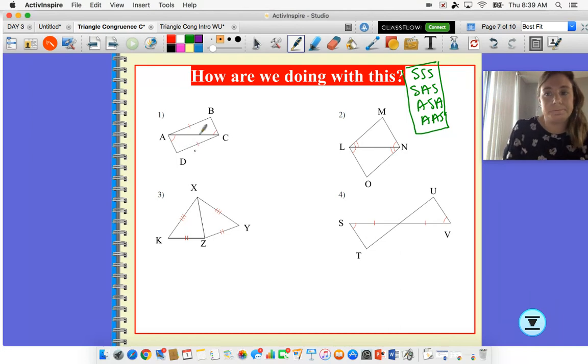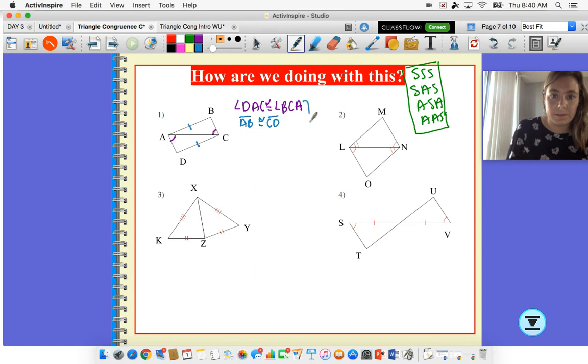So here, I'm going to list off kind of what I did before. DAC is congruent to BCA. New color. This and this are congruent. AB, so I've got a side and an angle, is congruent to CD.